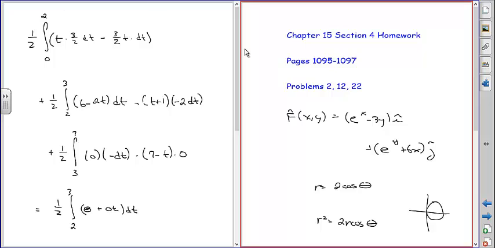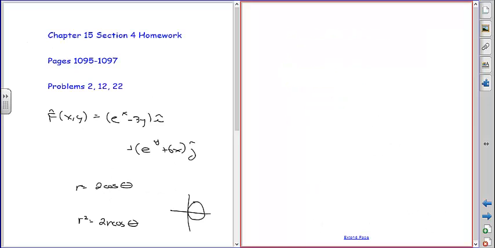Now, I only have 3 problems assigned here. The next one is calculating the work done on a particle that is moved counterclockwise around a closed circuit path C, and I don't think I've worked a problem like that. I don't think I have one in my notes. So let's work on one of those.